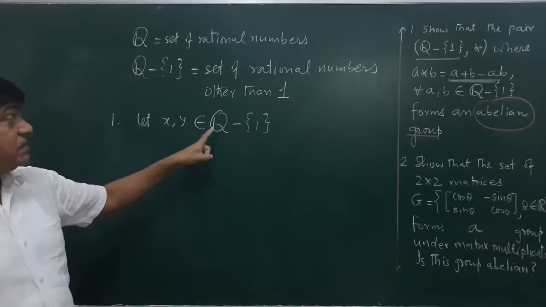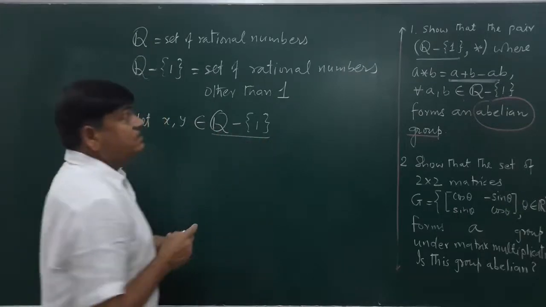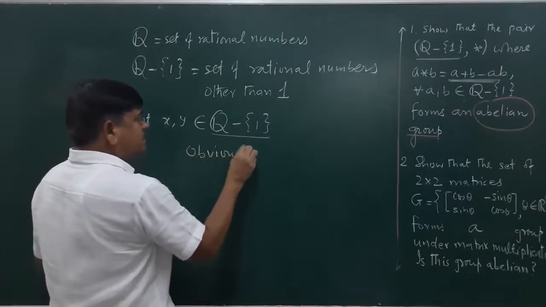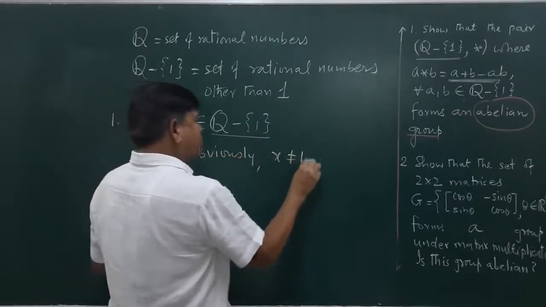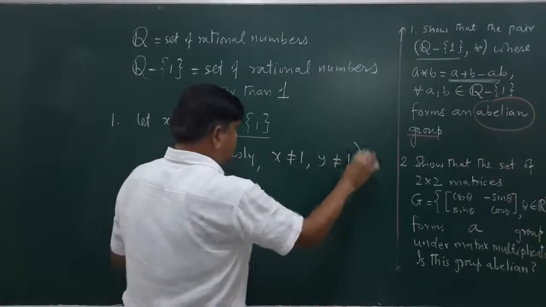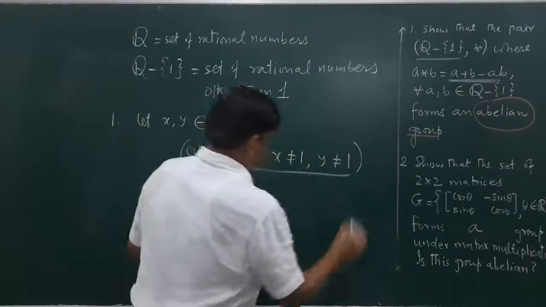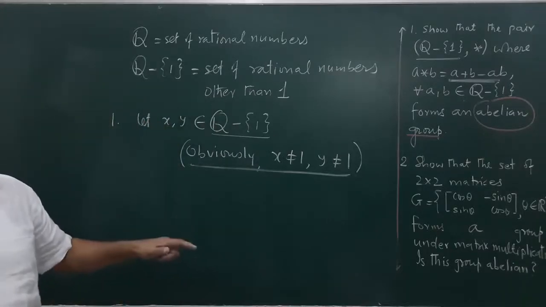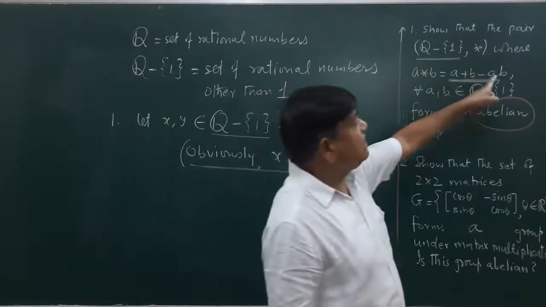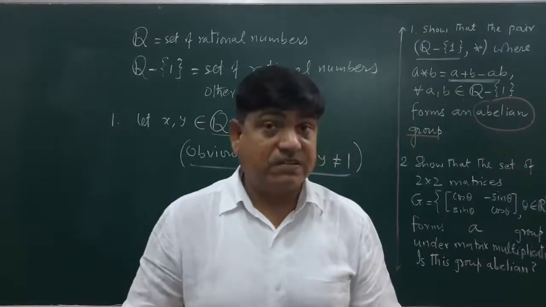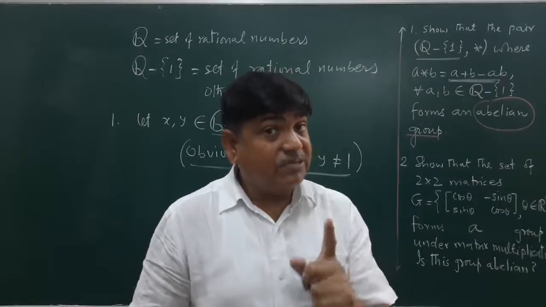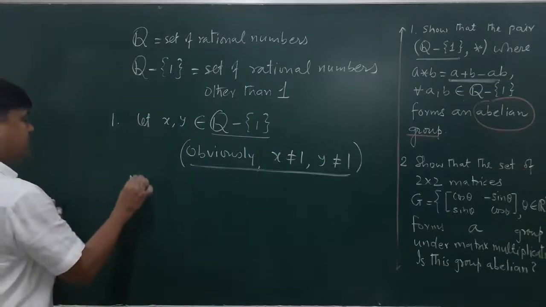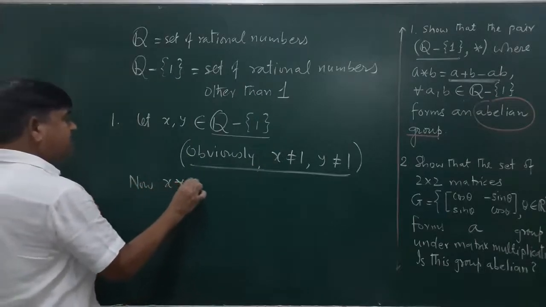Always remember, this is the set of rational numbers other than 1. Obviously, x is not equal to 1 and y is not equal to 1. Now we have to prove that a plus b minus ab is not equal to 1. It should be a rational number but not equal to 1.